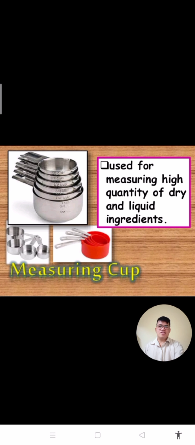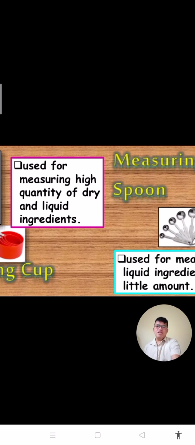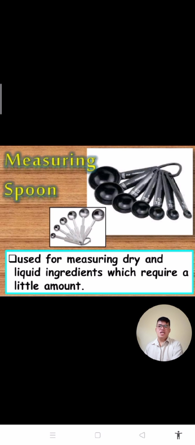We also have your measuring cups, used for measuring high quantities of dry and liquid ingredients, such as flour, sugar, and the like. We also have your measuring spoon, used for measuring dry and liquid ingredients which require only a little amount.